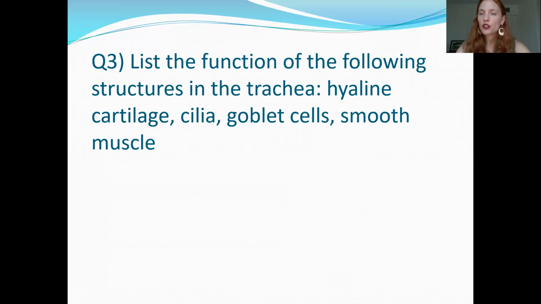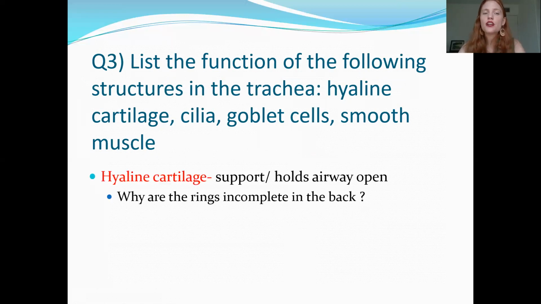The hyaline cartilage. What's the function of most cartilages? What's the function of the structured connective tissues? Remember, bone and cartilage create structure and support. So in the trachea, as you're breathing, you're going to be changing the pressure in your thoracic cavity.